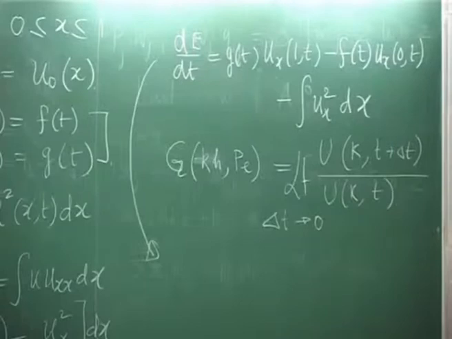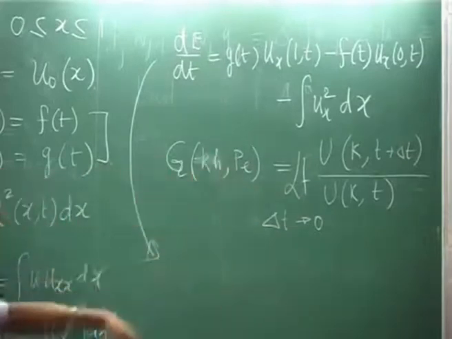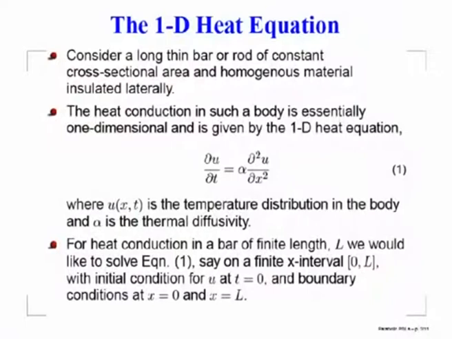So, here what we are trying to do is basically revisit the same problem, but look at it in a slightly different way. This is what we have already talked about. Equation 1 was the heat equation, and you realize, which I have not talked about, that this alpha is the thermal diffusivity.